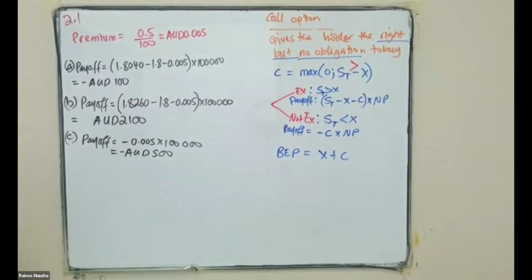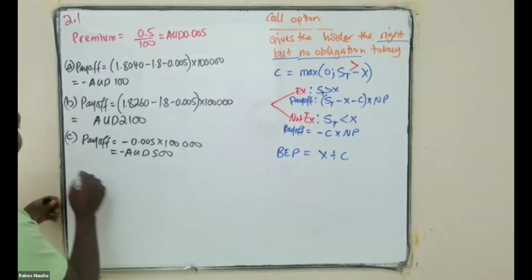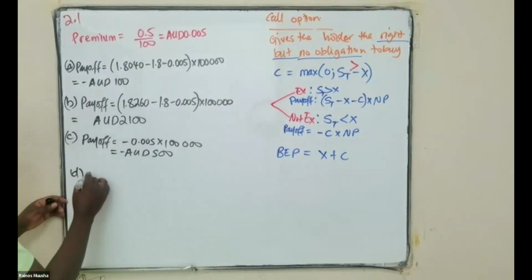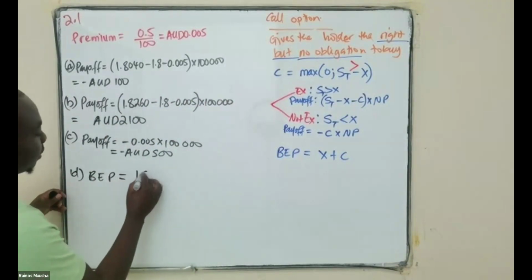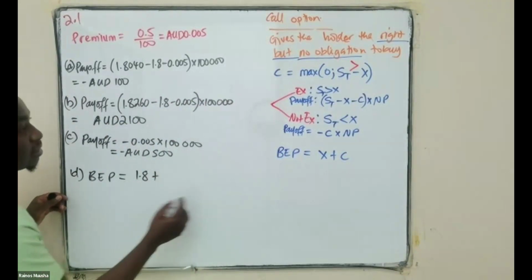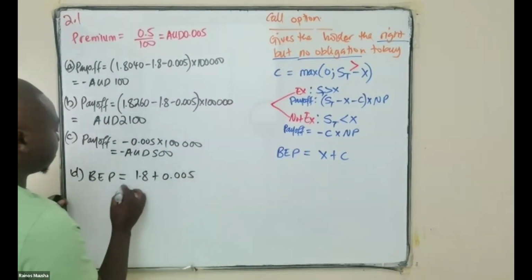So in this case, our break-even point would be equal to the exercise price of 1.8 plus the option premium of 0.005.